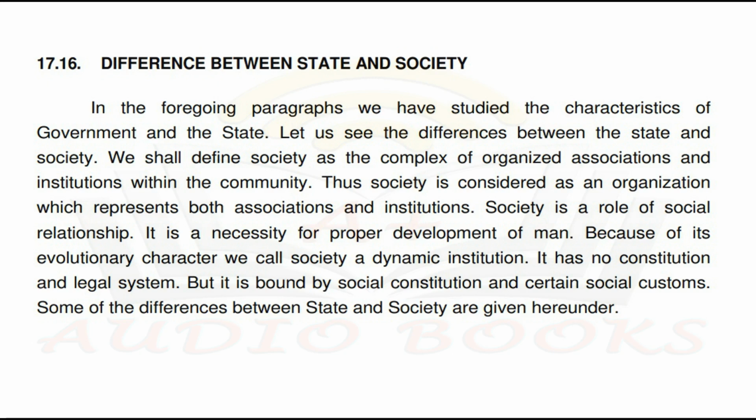Society is a web of social relationships. It is a necessity for the proper development of man. Because of its evolutionary character, we call society a dynamic institution. It has no constitution and legal system, but it is bound by social constitution and certain social customs. Some of the differences between state and society are given hereunder.